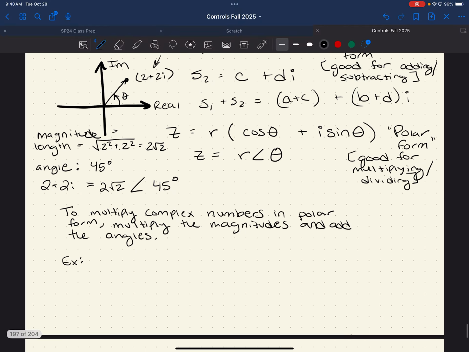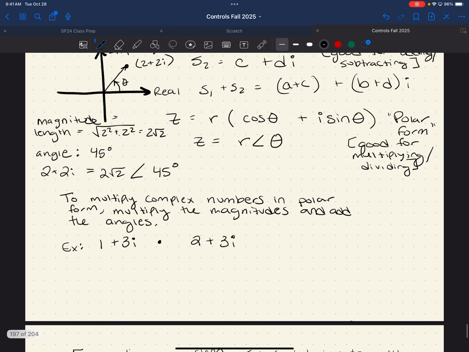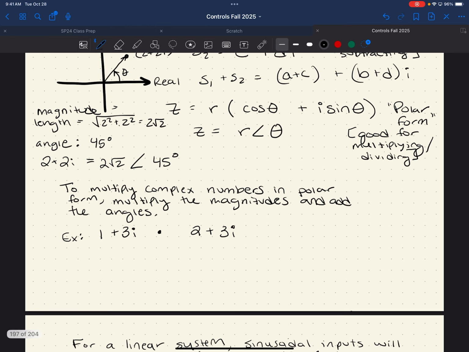Okay, so now let's go into multiplying two polar numbers. So let's say I start out, in rectangular form, with 1 plus 3i, and I want to multiply this by 2 plus 3j, or i. We'll call it i for today. Okay, let's first write both of these numbers in polar form. To write the first one in polar form, I need to find the magnitude.